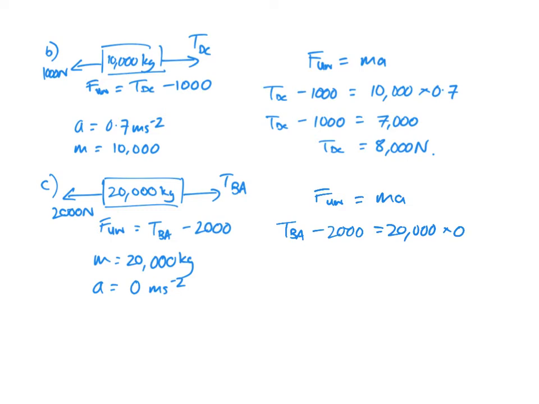Don't do the common mistake of saying it's 20,000. So you get TBA minus 2,000 equals 0. So TBA is 2,000 newtons in this situation.